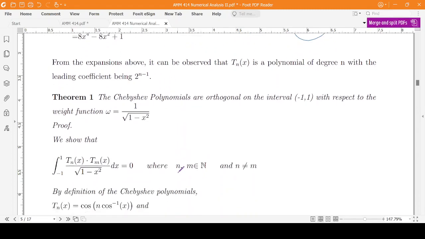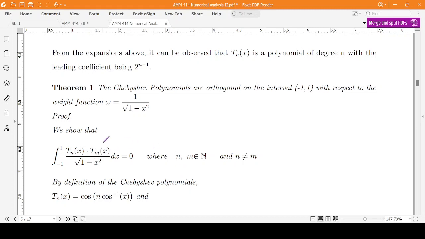We want to prove this, and we simply want to show that the integral from -1 to 1 of Tn of x times Tm of x divided by the square root of 1 minus x squared dx, integrated with respect to x, is 0 whenever n and m are natural numbers and n not equal to m. We can also add here that n is non-zero and m is also non-zero.